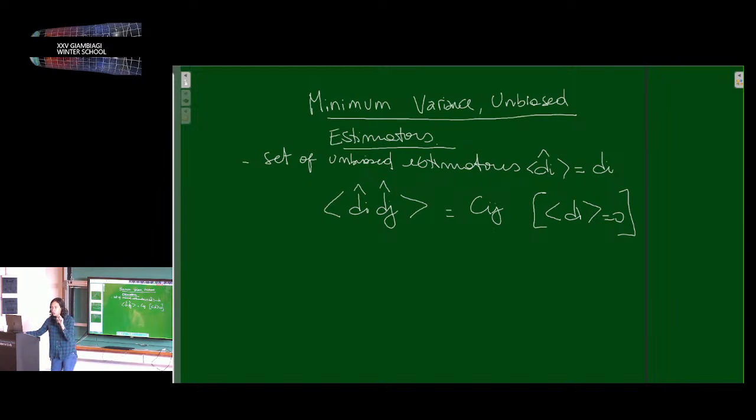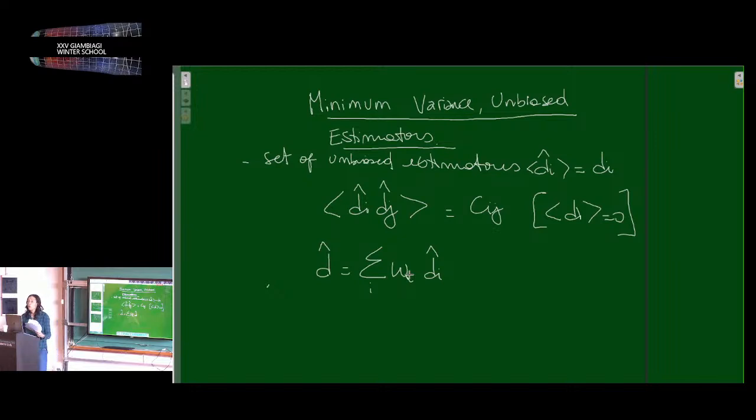I want to reduce the noise of my final estimator. So you may think, okay, I have some estimator that I call D, which will be a linear combination of these estimators D_i, with some weight.